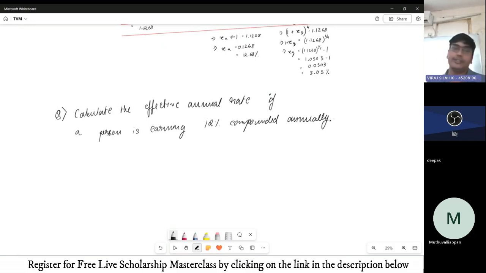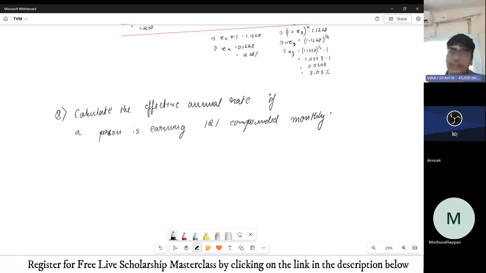Calculate the effective annual rate if a person is earning 12% compounded monthly. Sorry, मैंने गलत लिख दिया. 12% compounded annually तो effective rate ही हो जाता. Compounded monthly. So what is the question asking you?